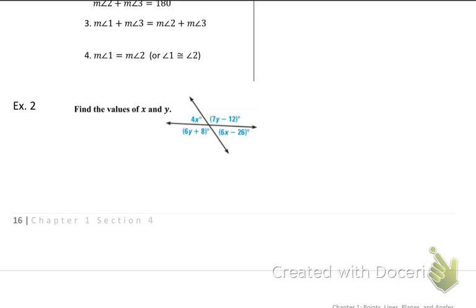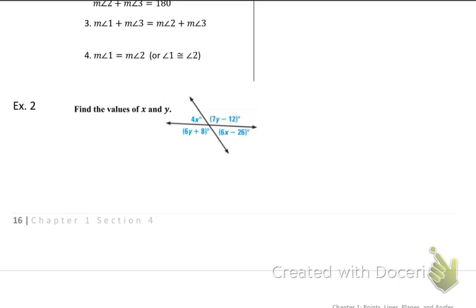Does anyone see anything we could write, an equation, based upon the drawing that could help me solve for either x or y?